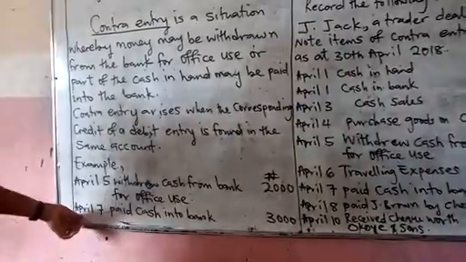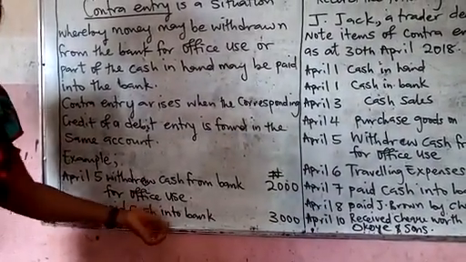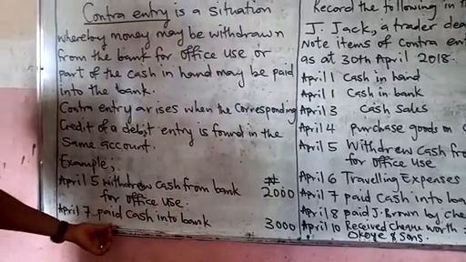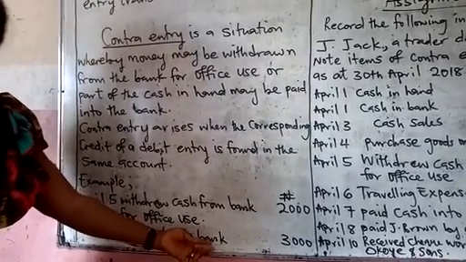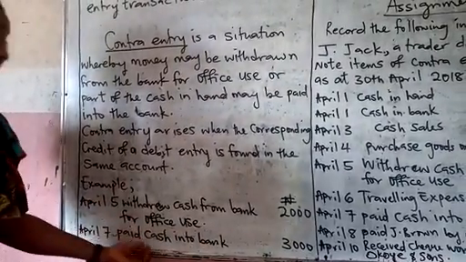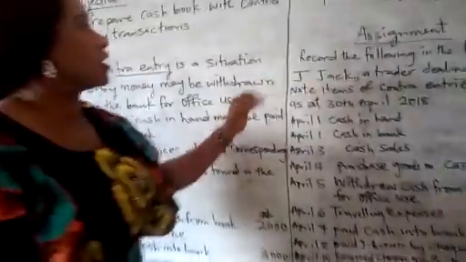Then we come to the second example. April 7th, paid cash into bank. In this situation, bank is the receiver, should be debited, and then cash is the giver, should be credited. Okay, look at it here.